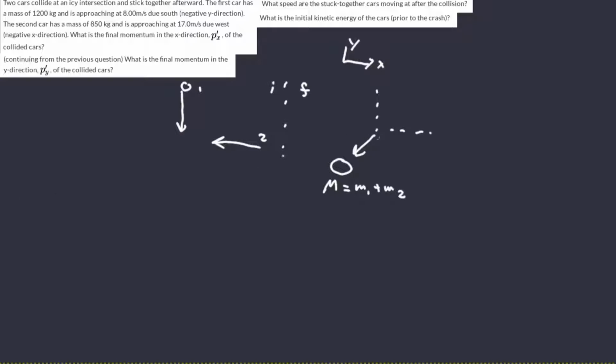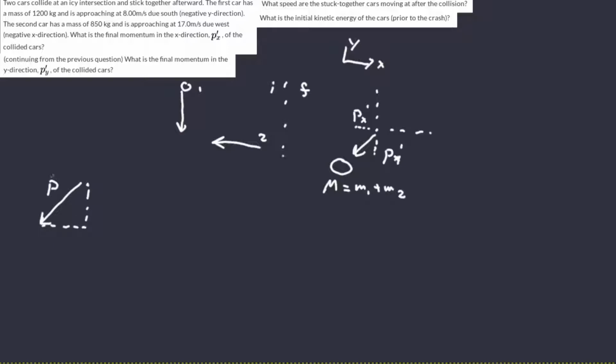But we already know py prime here and px prime here. So if we know px prime and py prime, we can use these to get the total momentum. So I can redraw this maybe in a way that makes it a bit more familiar to you.